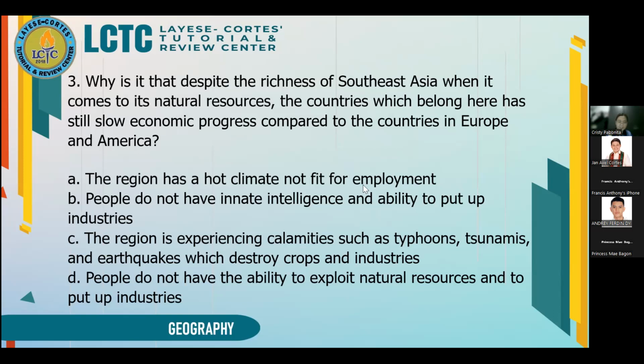I will read the choices for the benefit of everyone. A, the region has a hot climate not fit for employment. B, people do not have innate intelligence and ability to put up industries. C, the region is experiencing calamities such as typhoons, tsunamis, and earthquakes, which destroy crops and industries. Or D, people do not have the ability to exploit natural resources and to put up industries.